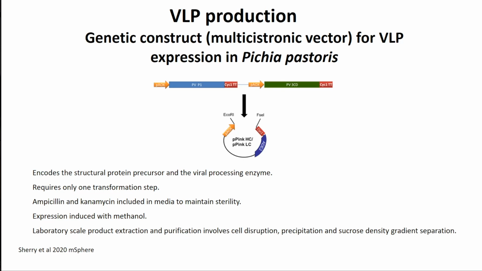So having identified ways of making sufficiently stable particles, we believe, the next trick was how to produce them. All of our VLPs are synthesized by basically the same construct, which is to have the P1 structural protein precursor and the poliovirus PV3CD protease expressed from separate parts of the construct, either in plants or in Pichia, as we've shown here.